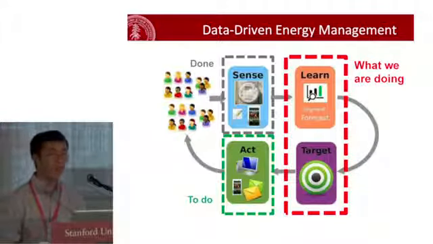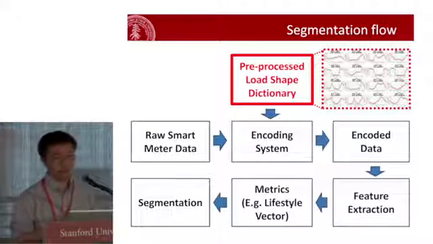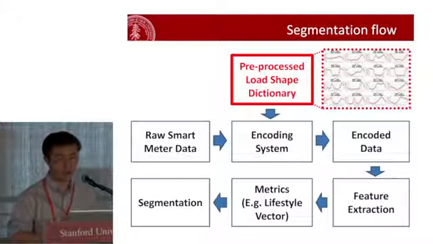So we should have some scalable methodology to make customer segmentation scale on big data sets. If you come to my poster in the basement, I will explain how to generate the pre-processed load shape dictionary, and then the 16 plots are examples of the representative load shapes in the entire 40 million daily profiles.